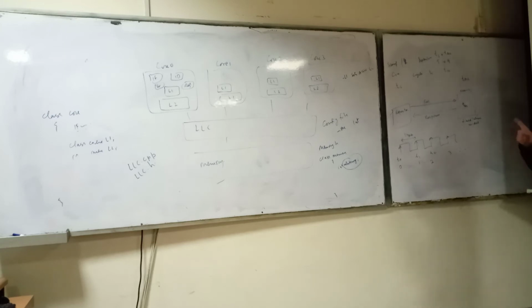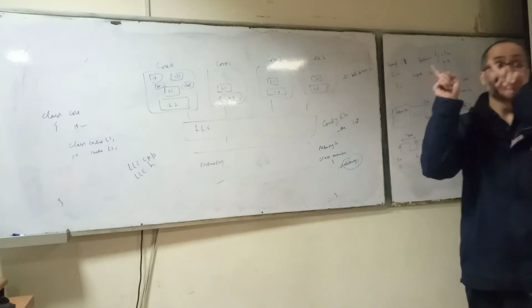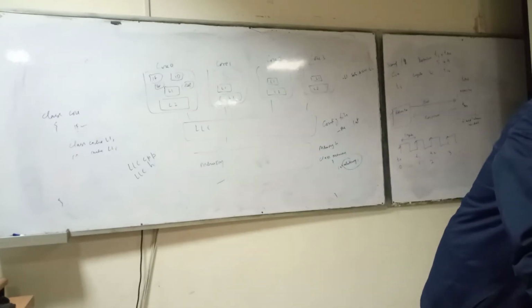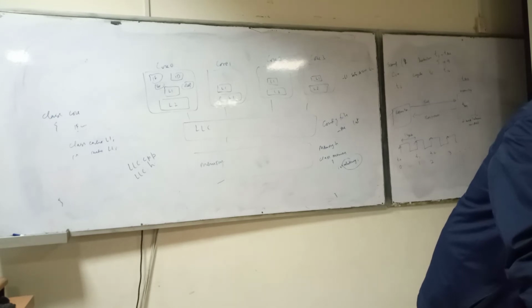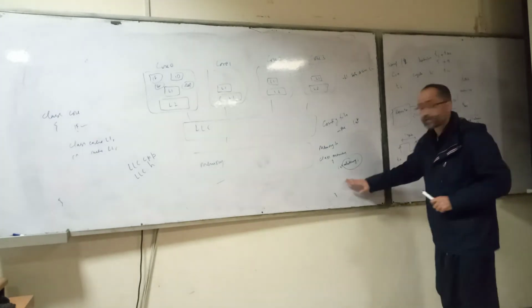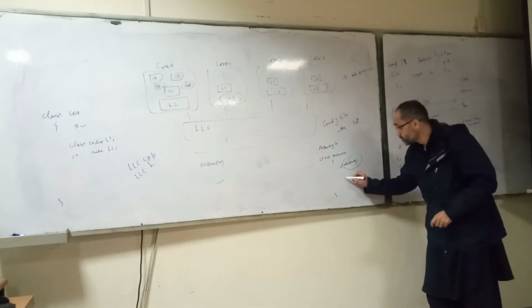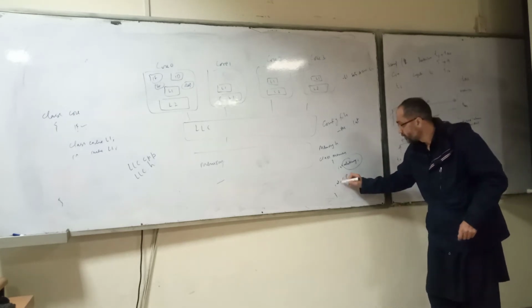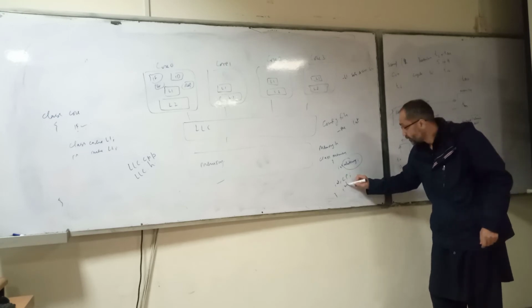Okay, now if you remember in the racetrack memory, what additional parameter do we need? We had different tracks and domains, and the position of the head. Correct. So then we need not only access latency, but also the current position and the required position.